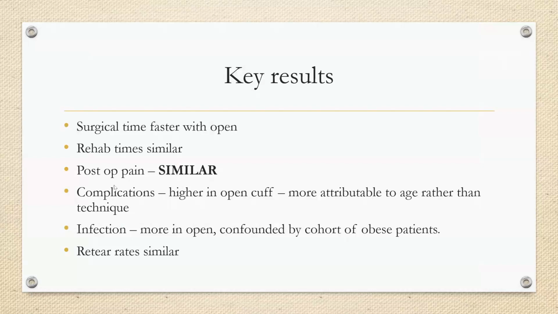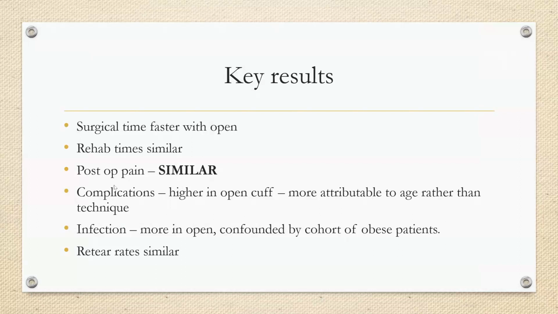So surgical time, as you'd expect, was faster in open procedures as compared to arthroscopic procedures. However, the rehab times are similar in both conditions, mini open as well as arthroscopic procedures, not open procedures as such. And the post-op pain is also interesting. They found it was similar between mini open and arthroscopic procedures with the current analgesic protocol used the world over.